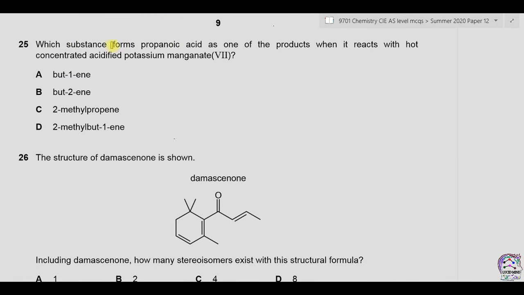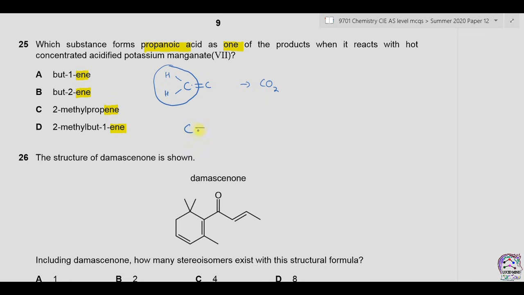Question 25. Which substance forms propanoic acid as one of the products when it reacts with hot concentrated acidified potassium manganate(VII)? They have given 4 options and all of them are alkenes. So for alkenes we must know how they are oxidized. If a double bonded carbon of an alkene is combined with 2 hydrogen atoms, then this will convert into carbon dioxide upon oxidation. So CO2 is formed.